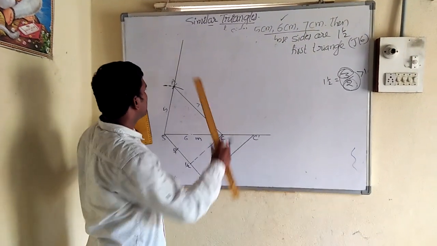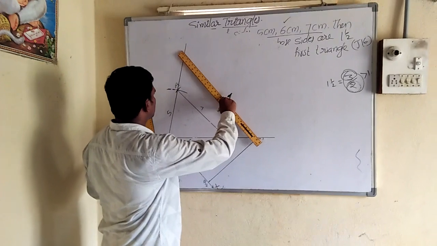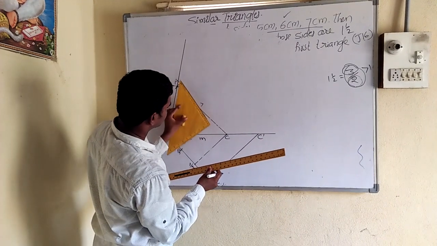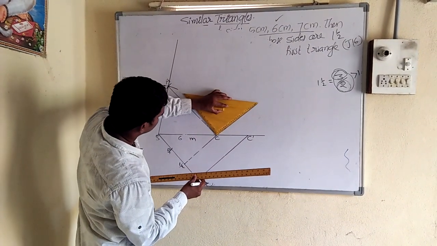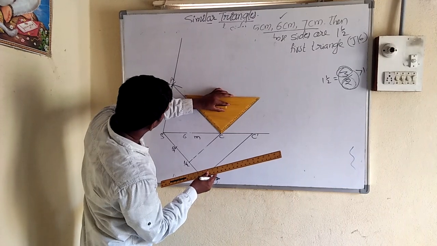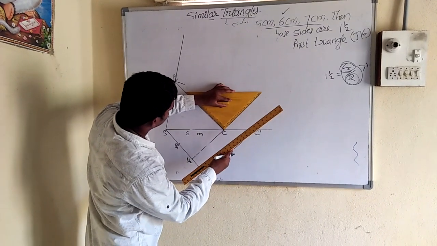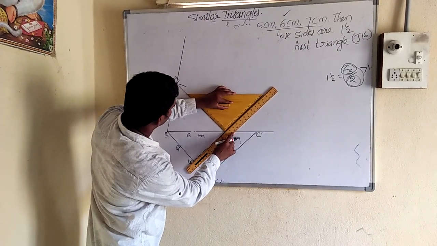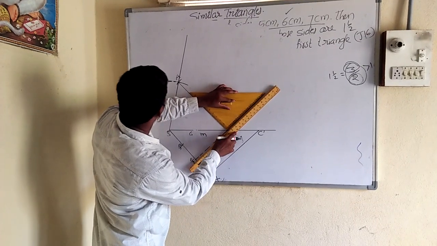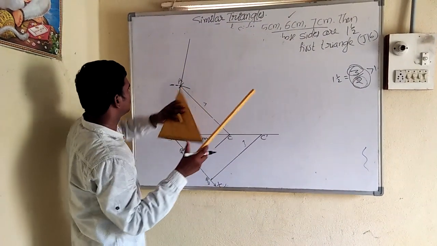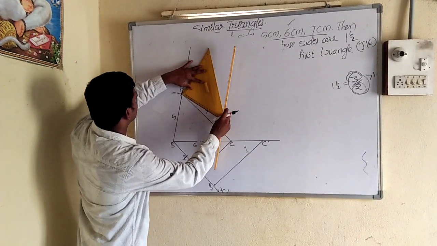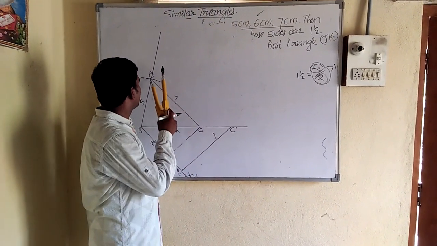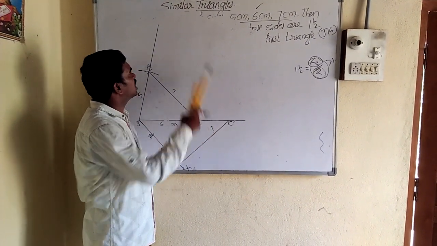Next, again a parallel line. So from C dash to here, that should be parallel to CA. We have to draw a parallel line to AC from C dash to somewhere.